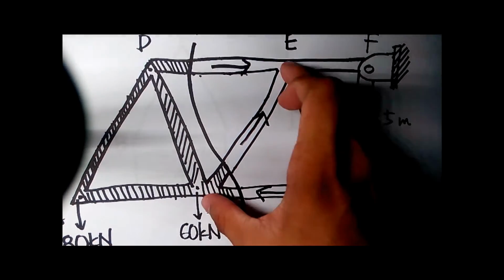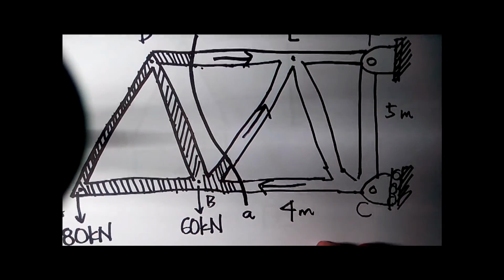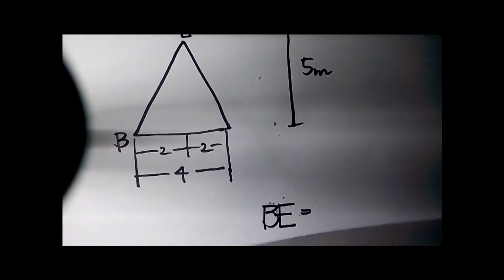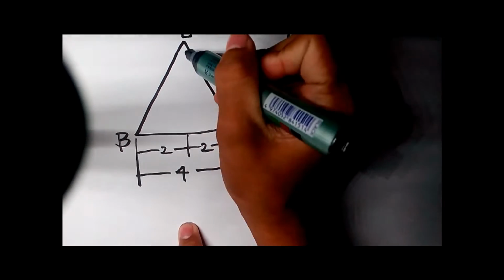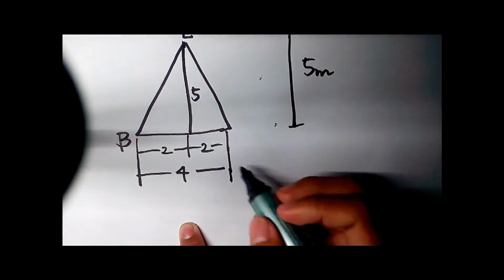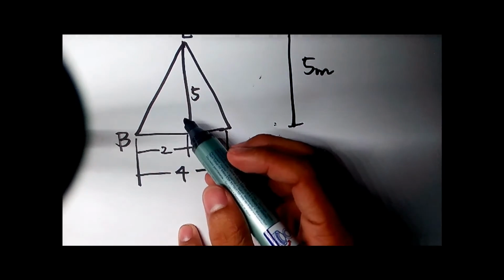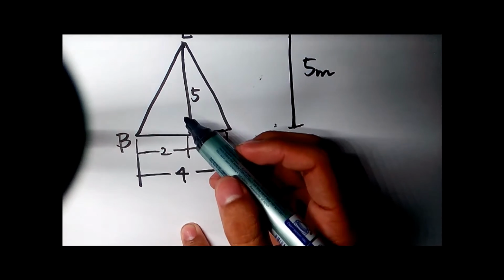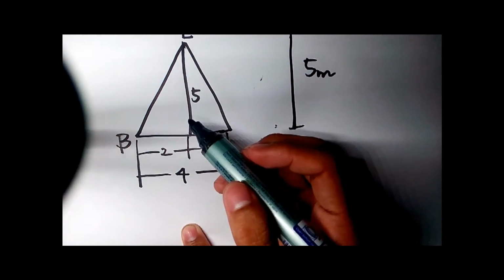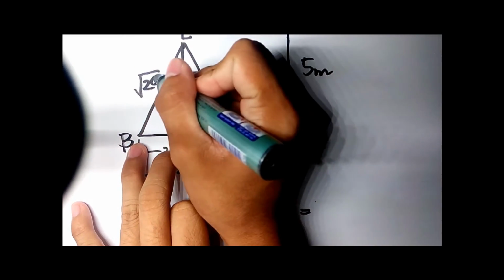We need the measurement of this line. So I separated it from the given. This is 5, so this is 5 meters. This is 2 meters. So by Pythagorean theorem, we will get a value of square root of 29.